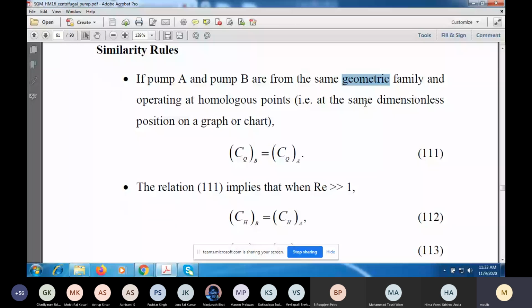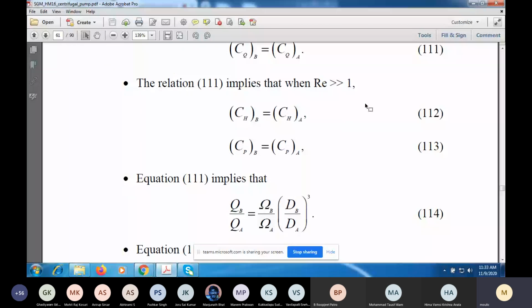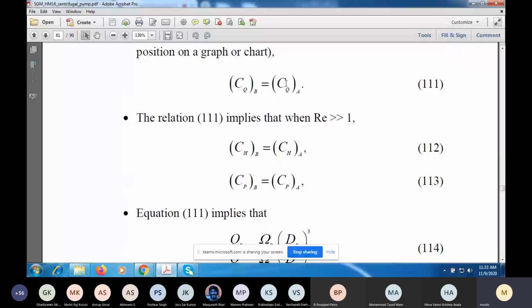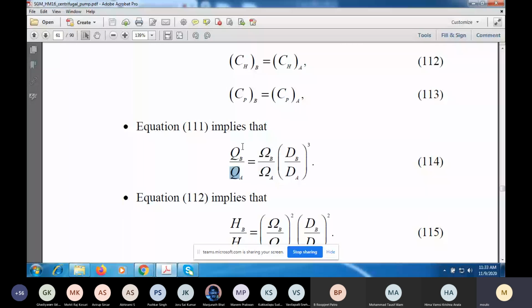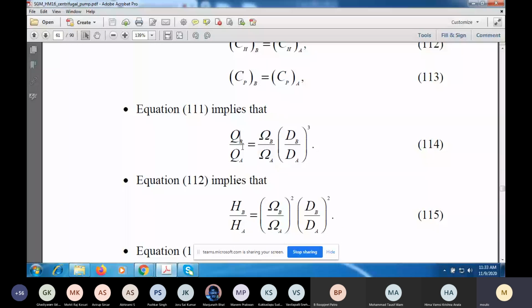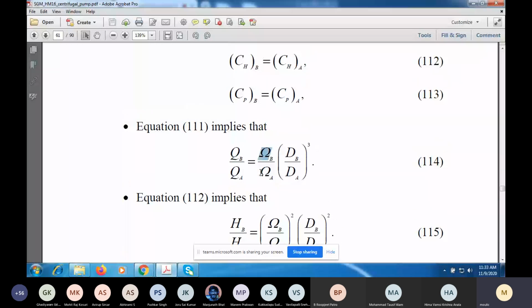Here is an important application. So if we equate the flow coefficients, you see that the ratio of the flow rates, so here I have not written the Q flow superscript for brevity, is omega B by omega A ratio into some size parameters coming.